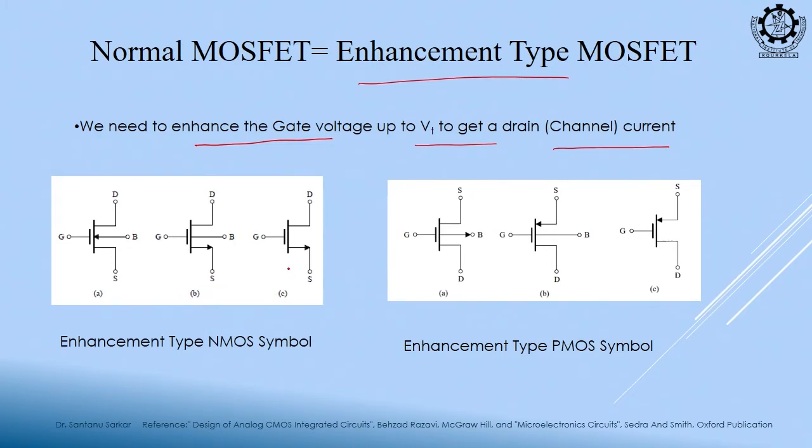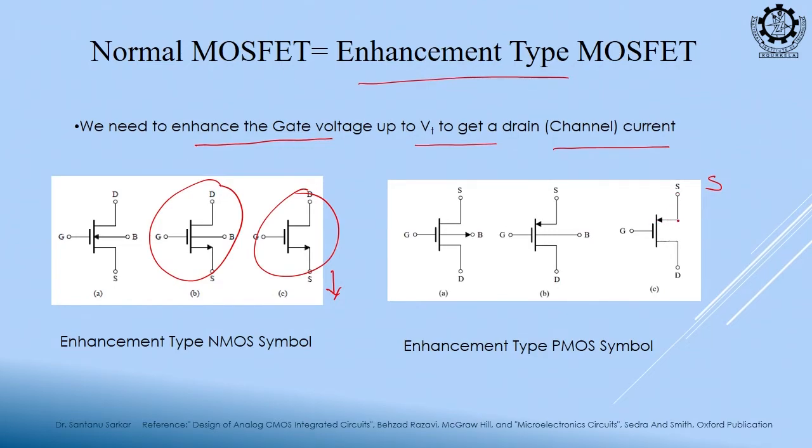Symbol, generally we use this symbol, the NMOS symbol, and in the PMOS symbol the source is at higher potential. In NMOS, source is at lower potential. In PMOS, it will be just opposite, source is at higher potential. So, you check the direction of the arrow.